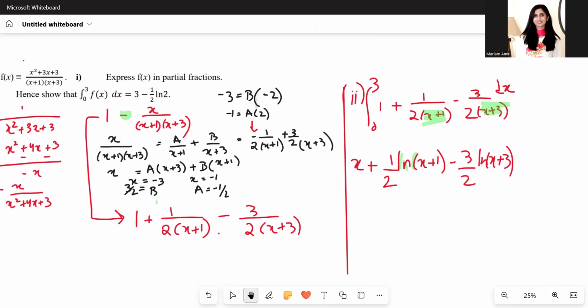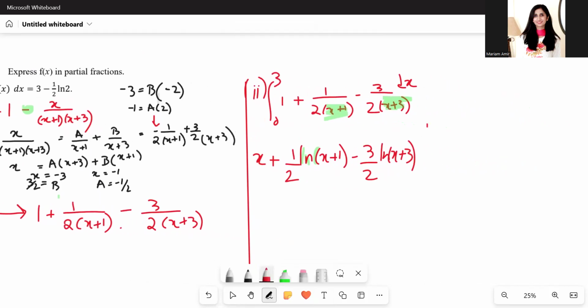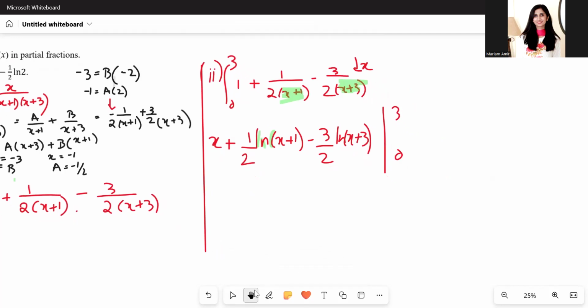That is the integration, and the limits are 3 and 0. Now we are ready to substitute the limits 3 and 0.